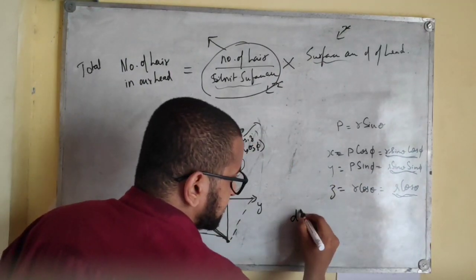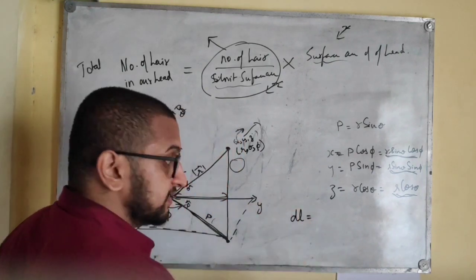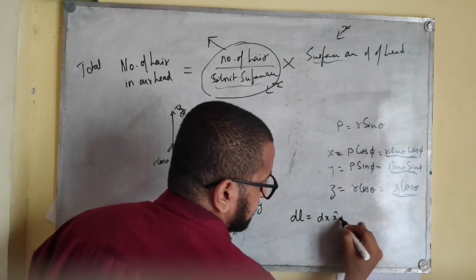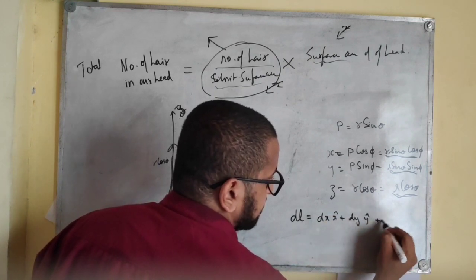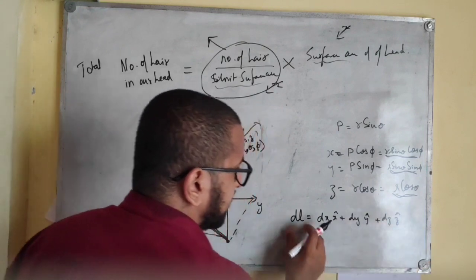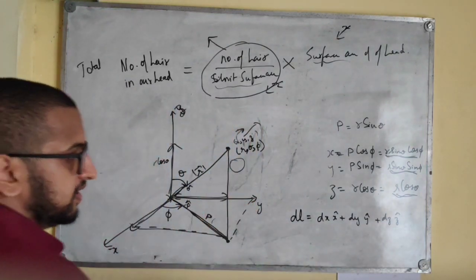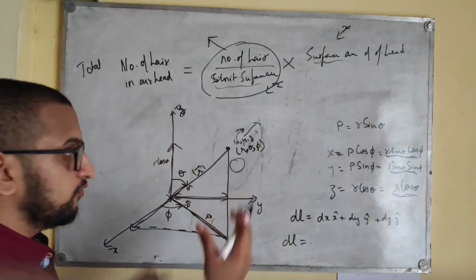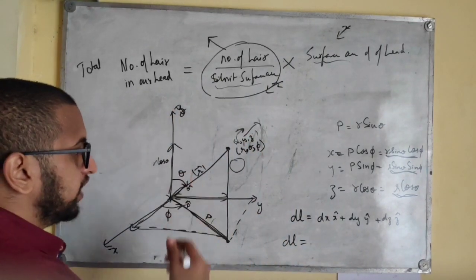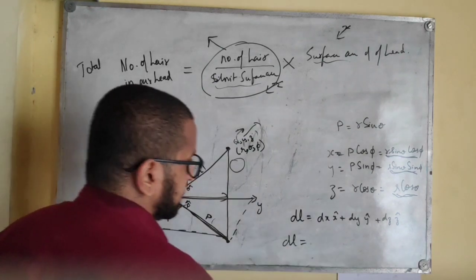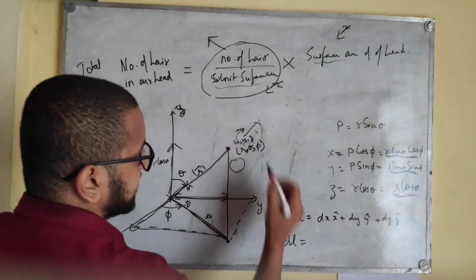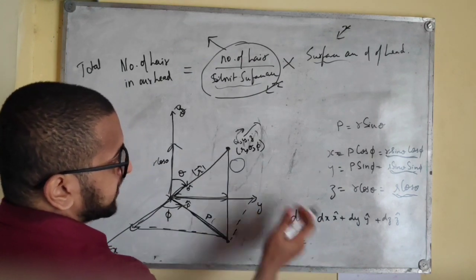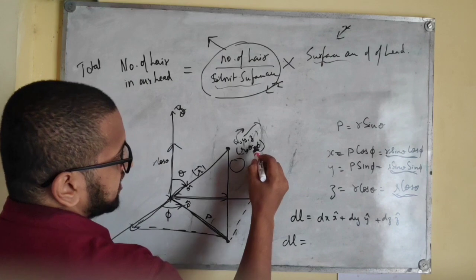The line element in a Cartesian coordinate system was, as we saw, dx in the x direction plus dy in the y direction plus dz in the z direction, the line element of that volume. Similarly, the line element of the curved volume in spherical polar coordinates has to be represented in the r direction, theta direction and phi direction.